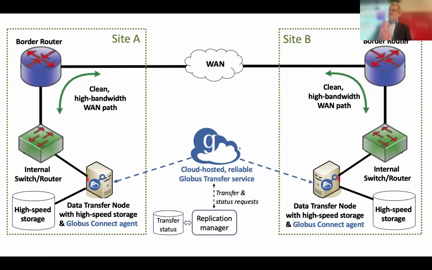So the use of cloud services can simplify the configuration of these high-speed transfers. We'll say more about how it negotiates security issues that arise when you're performing transfers. But another concern that arises is dealing with failures.